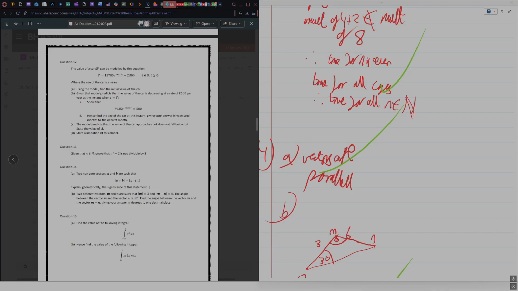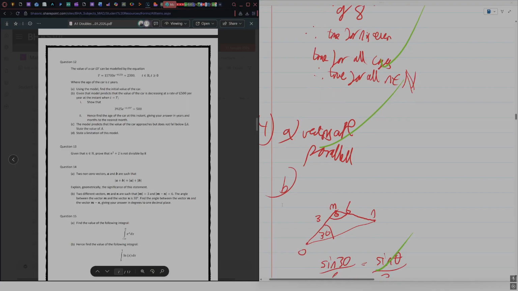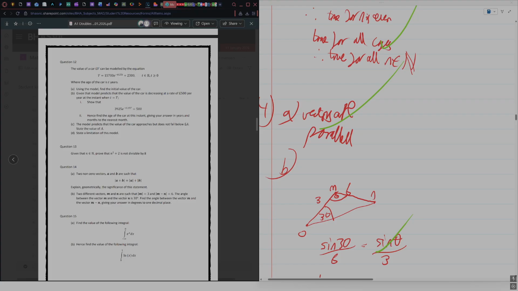And for this next part, modulus. So we have modulus m equals 3. So from O to m, that's just 3, and then m minus n is just the distance from m to n. It doesn't matter if it's nm or mn, because it's magnitude, so it's just the length.